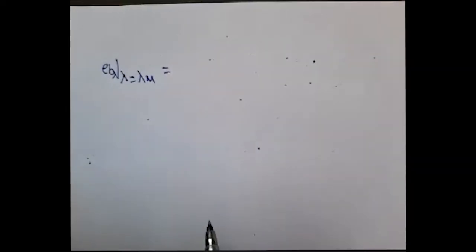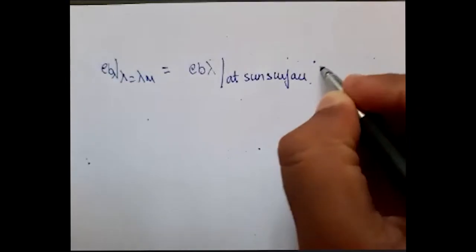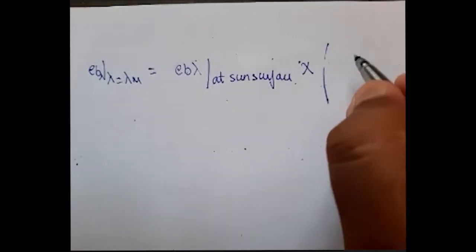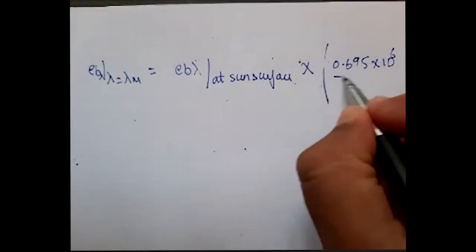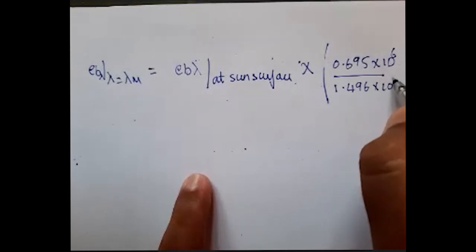So EB lambda at lambda equal to lambda m, at the Earth's surface, will be nothing but the EB lambda at the sun's surface, multiplied by the square of the ratio of the radius, 0.695 into 10 raised to 6, to the distance of the sun to the earth, 1.496 into 10 raised to 8, squared.